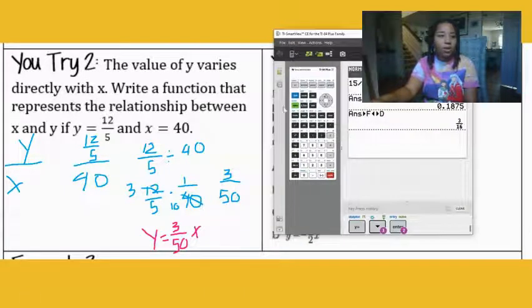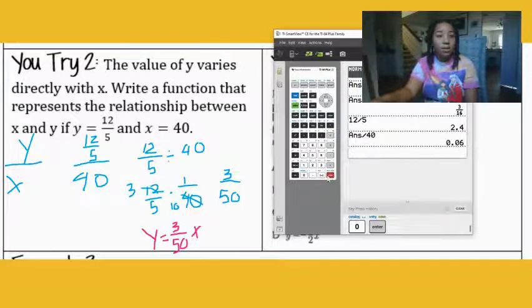Now let me check my work, because you can never be so sure. It's always important to check your work, because I know I make mistakes all the time. So I'm going to do 12 divided by 5. Let me get the decimal. That's 2.4. Then I'm going to divide that by 40, and I get 0.06. And then I want to turn that into a fraction.